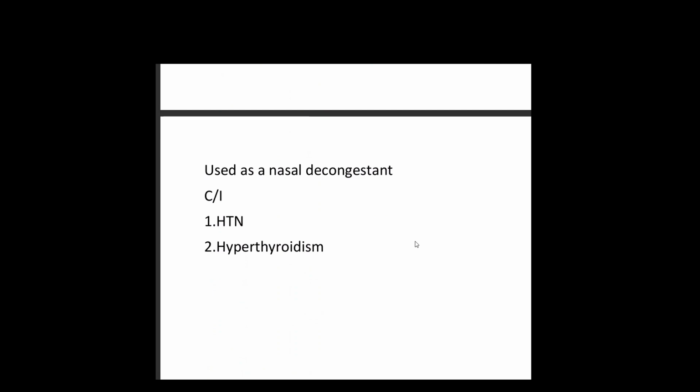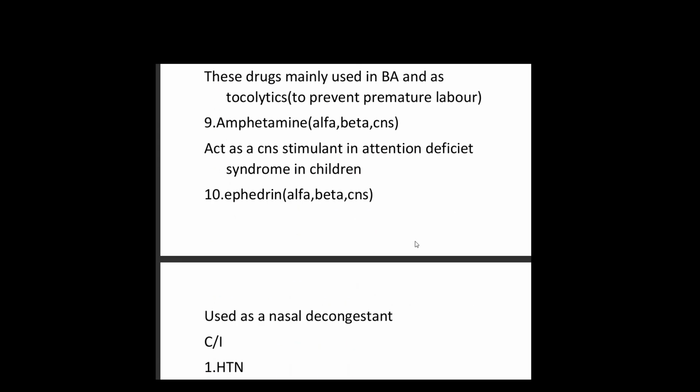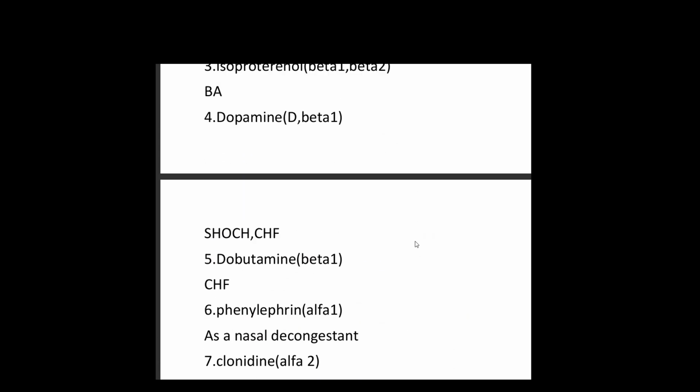Because in hyperthyroidism, because of the T3 T4 action, thyroxine and triiodothyronine, the sympathetic outflow is very high, heart rate is also high, sweating and everything. So we do not need to exaggerate the situation by giving a sympathetic agonist. If a patient has hypertension, you usually also do not give these sympathetic agonist drugs.